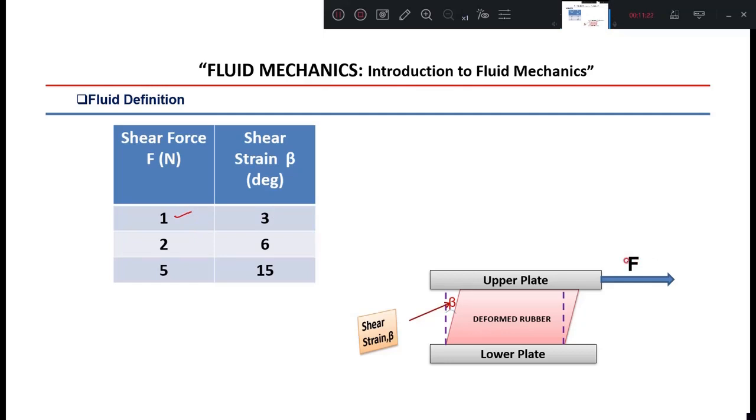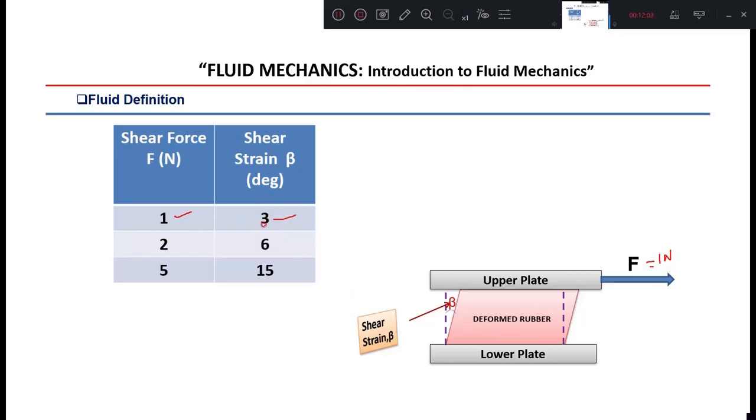Under the influence of this 1 Newton of shear force, the angular deformation, beta, is observed to be 3 degrees.